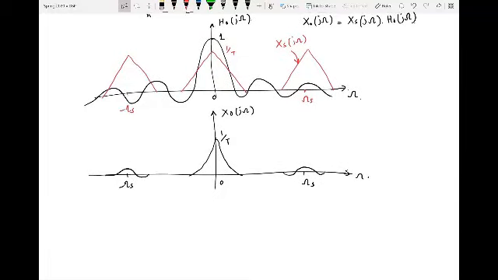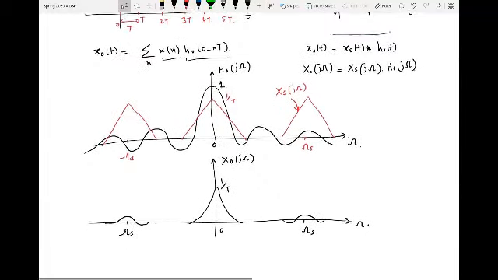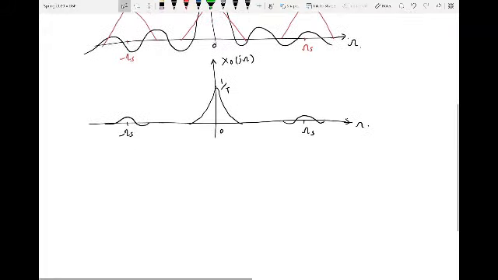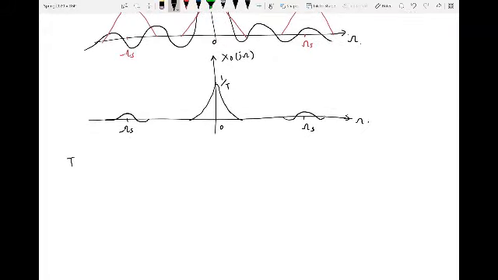Now how to change these characteristics? We have a very important controlling factor, which is capital T. If you increase capital T, increasing capital T will result in what? In time domain, that h naught of t, the impulse response, will be expanded.